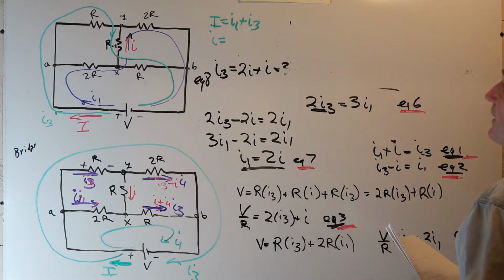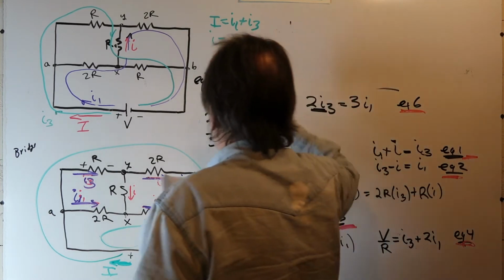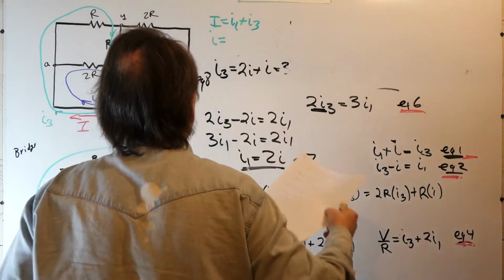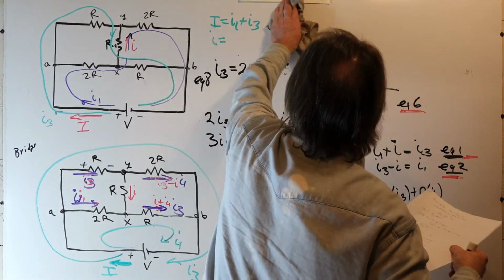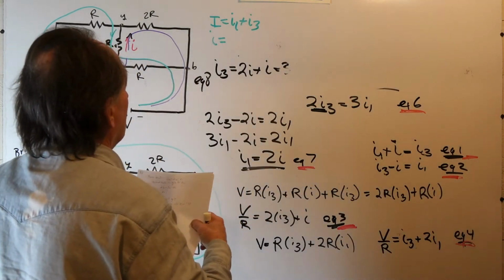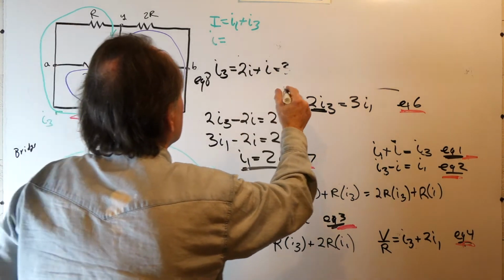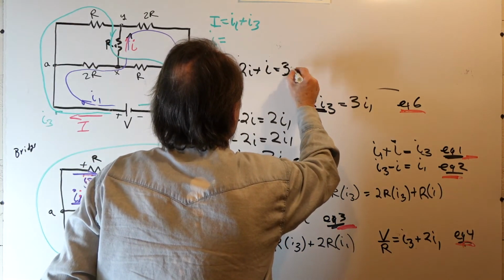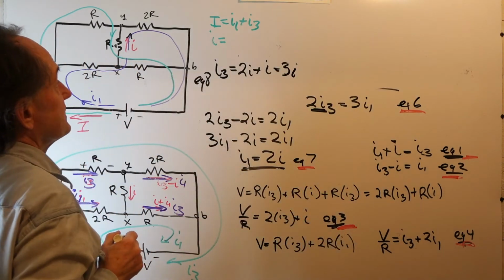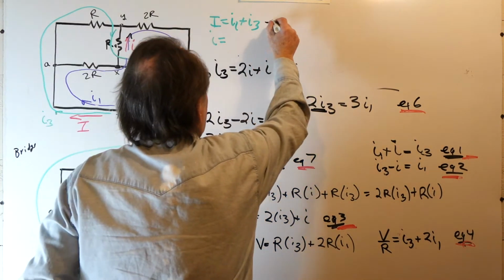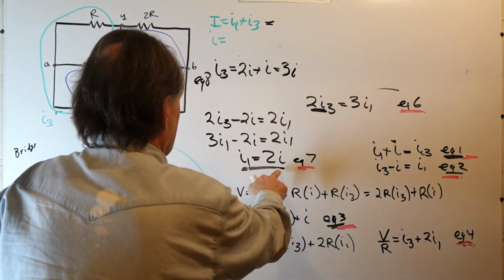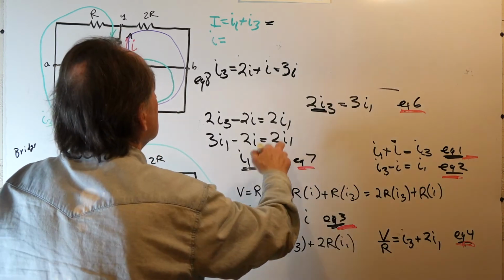Now notice that capital I is I1 plus I3. And we can write that now in terms of I. I1 in equation 7 is 2I.